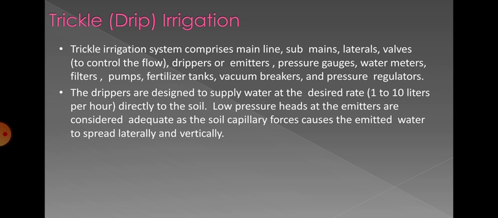The drippers are designed to supply water at the desired rate, that is 1 to 10 liters per hour, directly to the soil. Low pressure heads at the emitters are considered adequate as the soil capillary forces cause the emitted water to spread laterally and vertically.